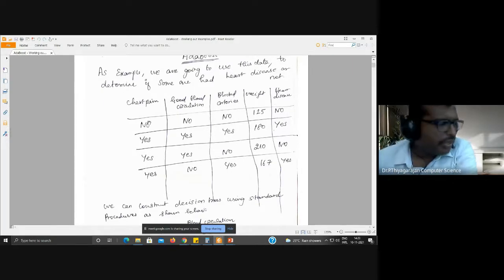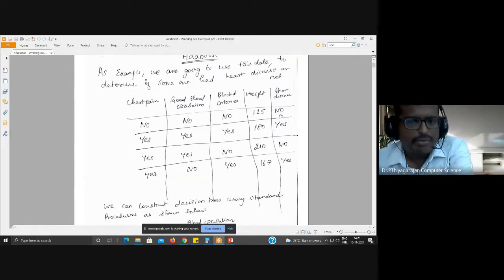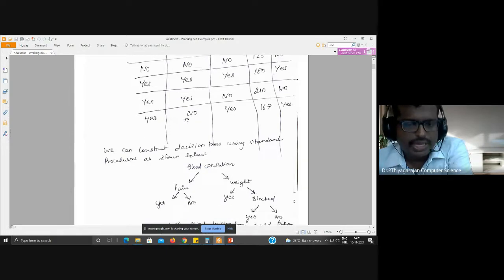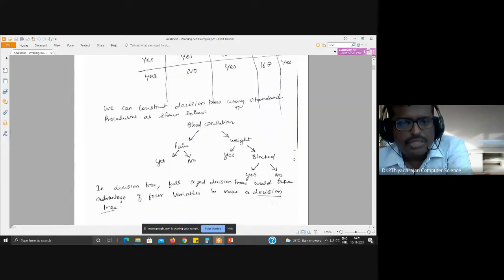Imagine that we are going to deal with this data. I'm not showing all the data that I have already shared. The first thing is that we can construct a decision tree using the standard procedure.